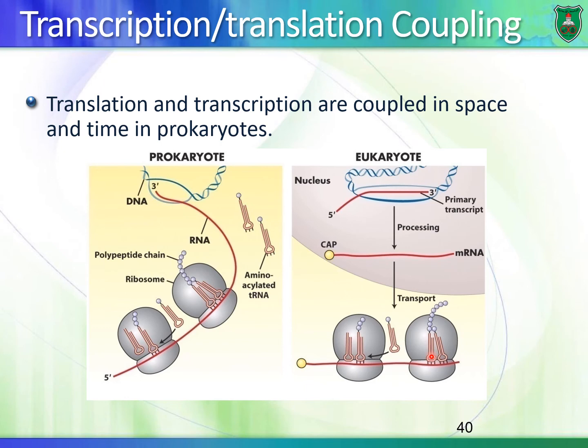For two reasons. The first reason is that there is a nucleus that separates ribosomes from where messenger RNA is synthesized. The other thing is that translation cannot start until the mRNA is actually fully processed. That means it is capped, spliced, and polyadenylated.